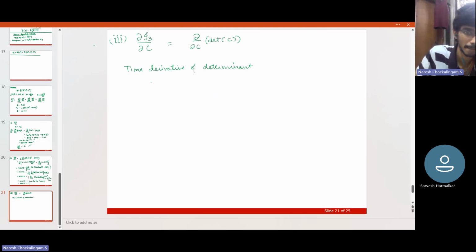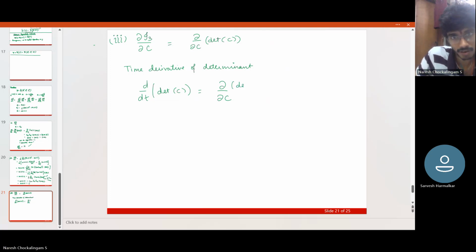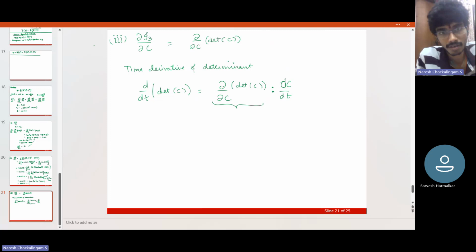You can say it is d by dt of det C. What is it? It is ∂ by ∂C of det C double dot product with dC by dt. So this is what we have right now.